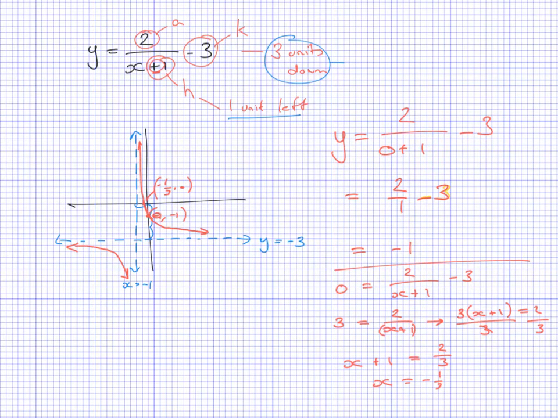All right. Make sure you cap your lines with arrows. Make sure you label points. Make sure you label your asymptotes. And it's probably good practice to write in the rule of the function you've just graphed as well. So to recap, we can first of all read translations that have happened off the formula for a hyperbola.